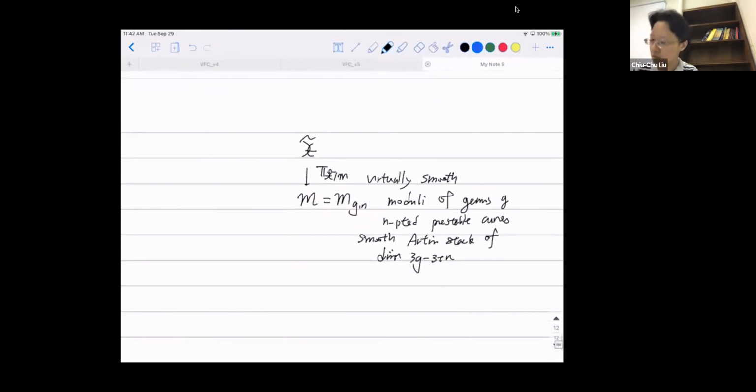So what is the relative perfect obstruction theory? Over M we have, this is not the cone, this is just the universal curve.